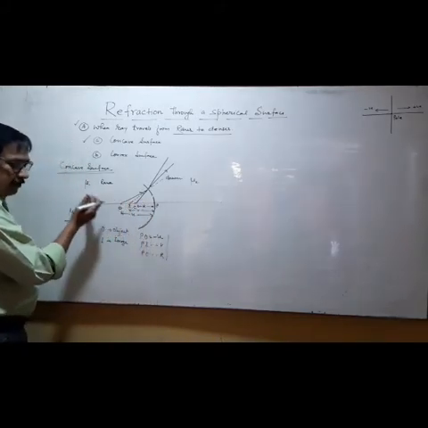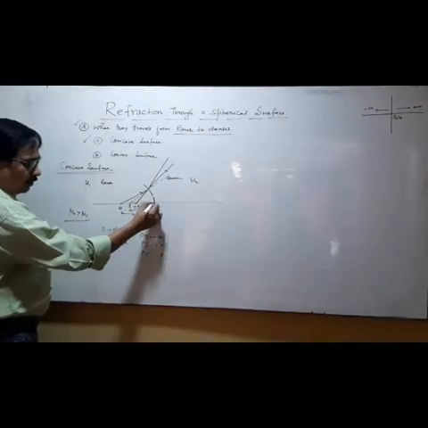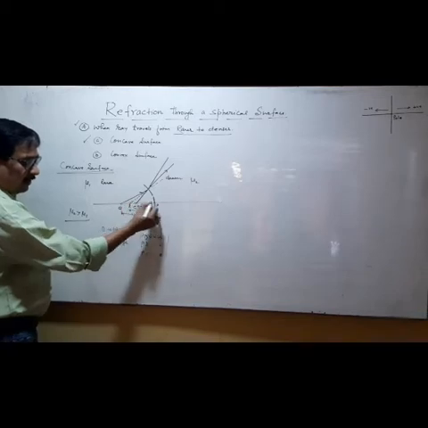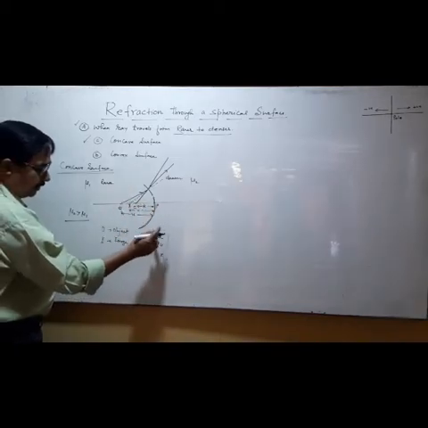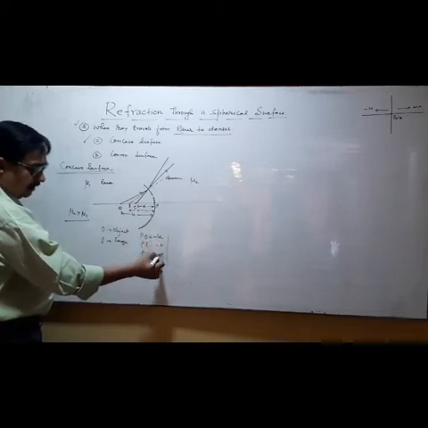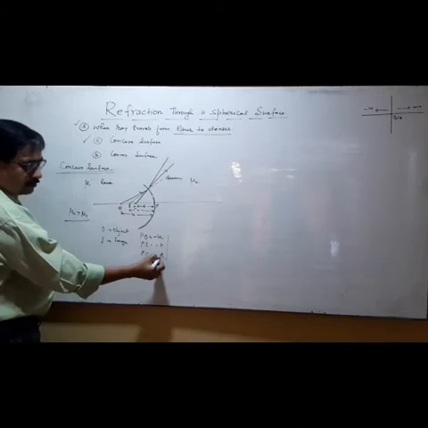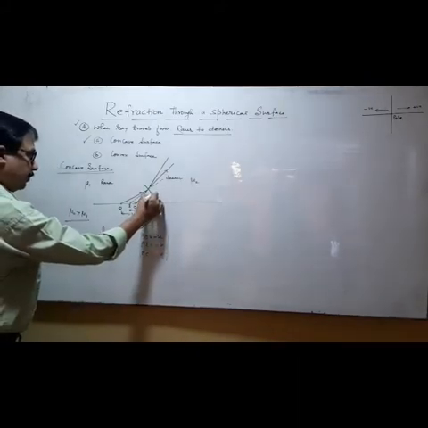Because we are measuring everything on left hand side. PO minus U, PI minus V, PC minus R. So U, V and R, U is object distance, V is image distance and R is radius of curvature. Okay. So this is the diagram.